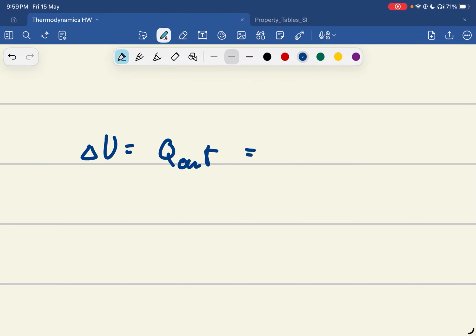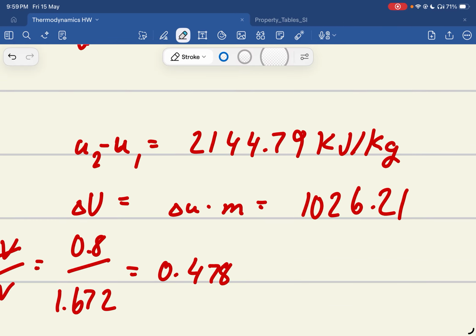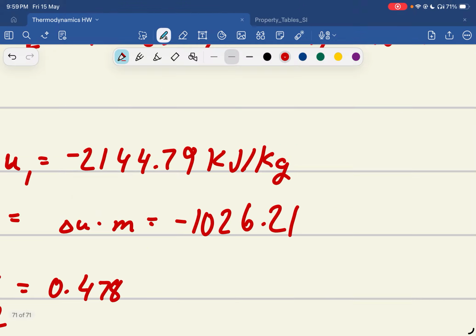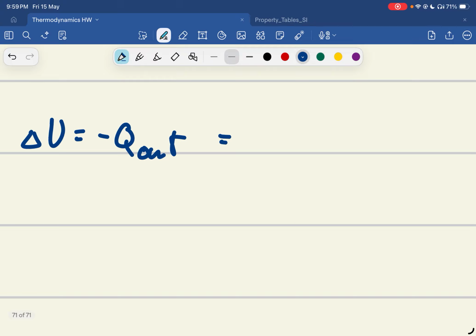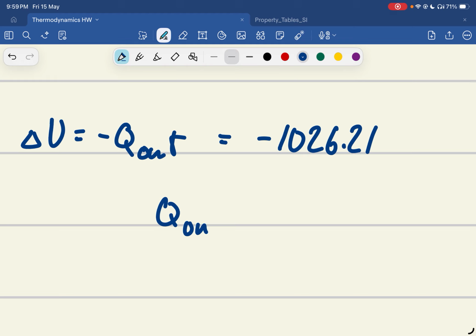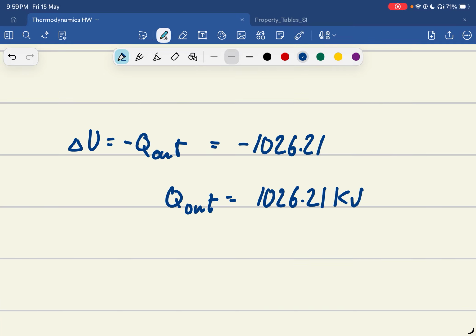So this should be a negative value, and this also should be negative. So Q is negative 1026.21. So Q out equals 1026.21 kilojoules. And that is your final answer.